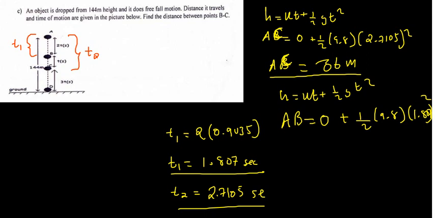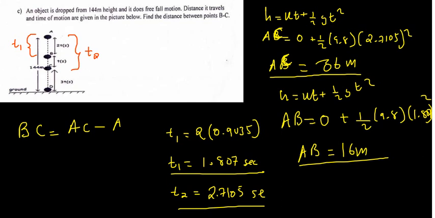So AB gives us 16 meters. Now we can clearly see that BC is simply AC minus AB. AC we found to be 36, AB we found to be 16. Just do the subtraction, and that gives us 20 meters. So that is the distance covered from point B to point C.